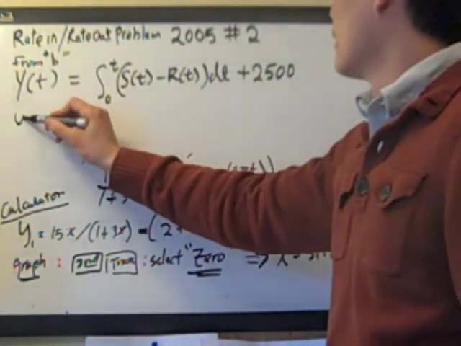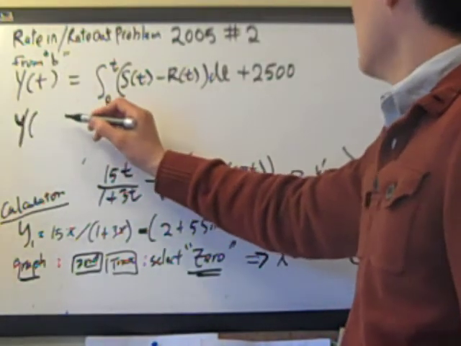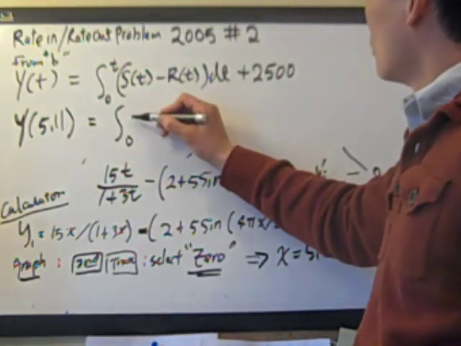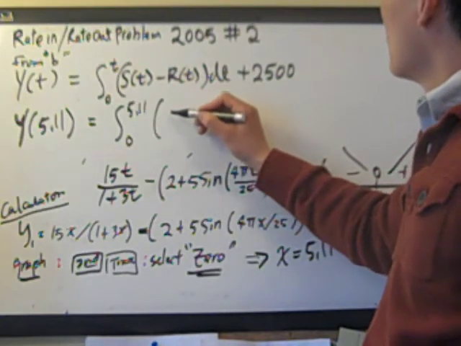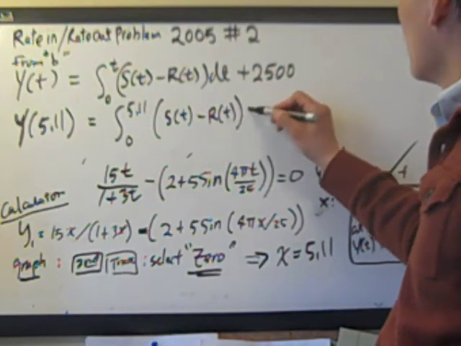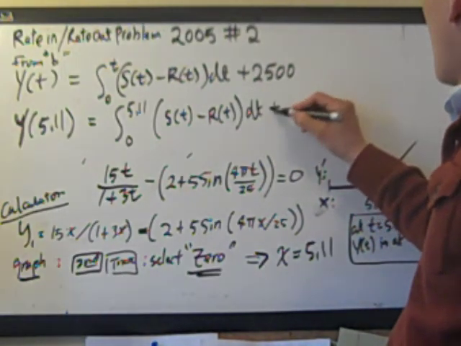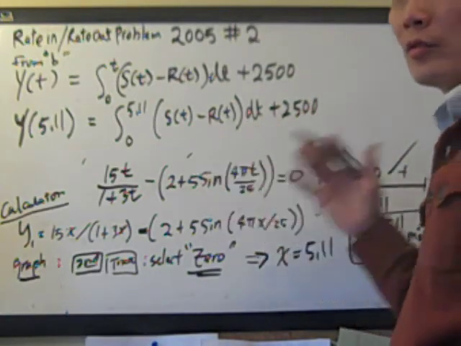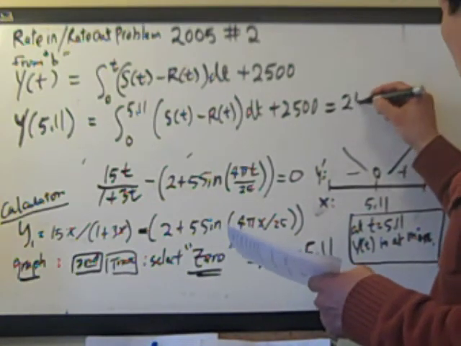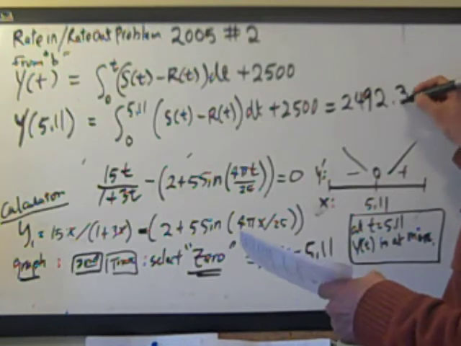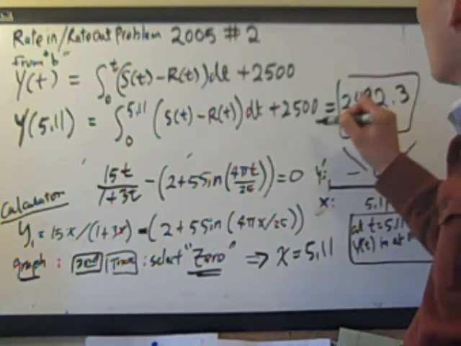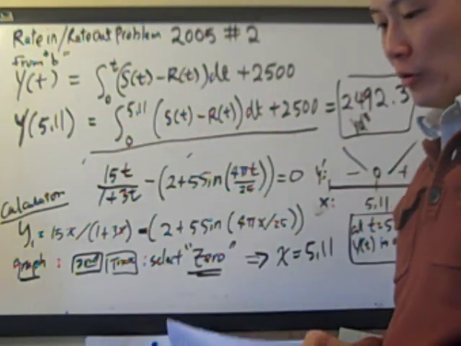So if I want to find y of 5.11, I will just use this equation, from 0 to 5.11, and s of t, which you have in your calculator, or at least you kept it if you did. It should come out to be 2492.3 cubic yards, and that will be your answer.